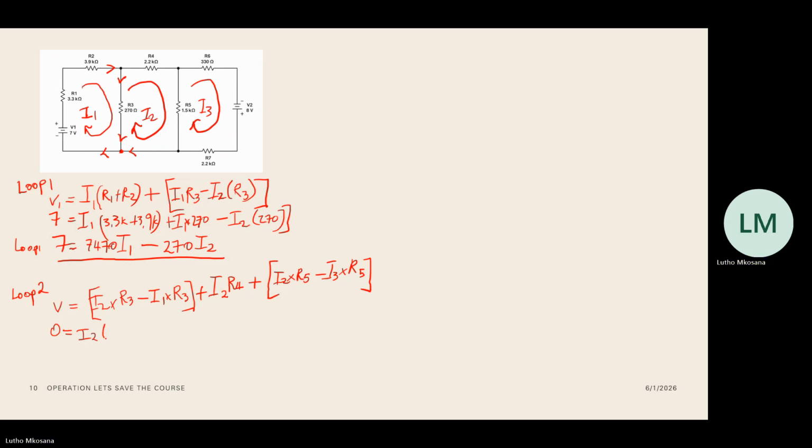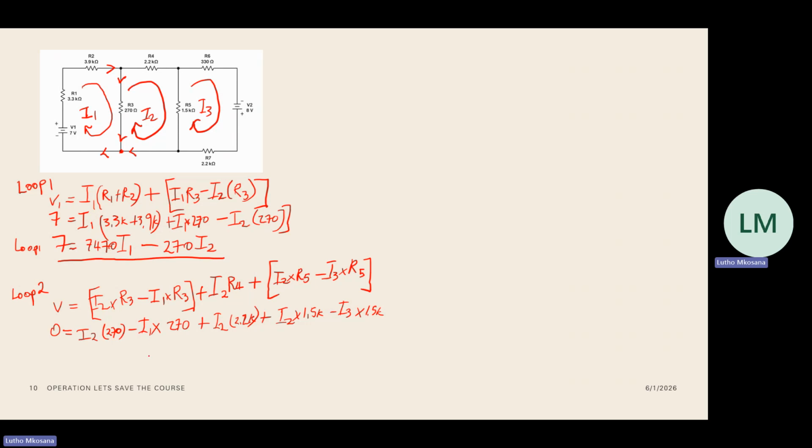What is R3? 270, minus I1 multiplied by R3, 270, plus I2 multiplied by R4, which is 2.2K, plus I2 multiplied by R5, which is 1.5K, minus I3 multiplied by 1.5K.